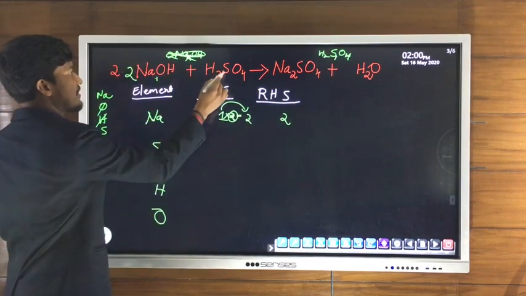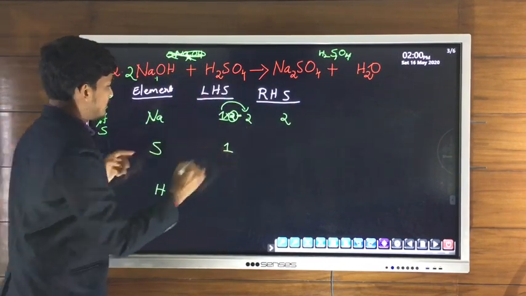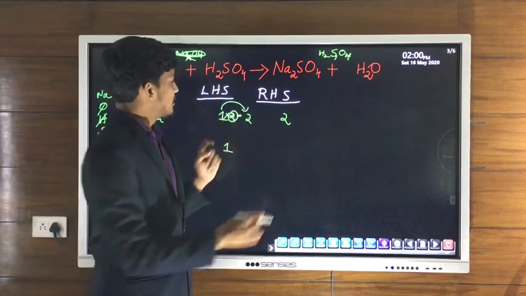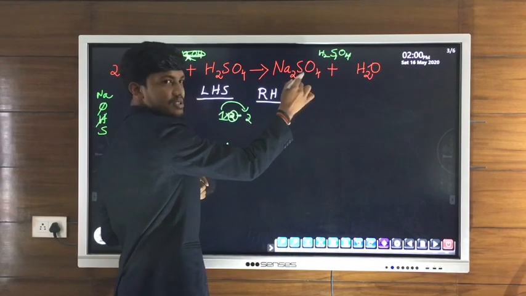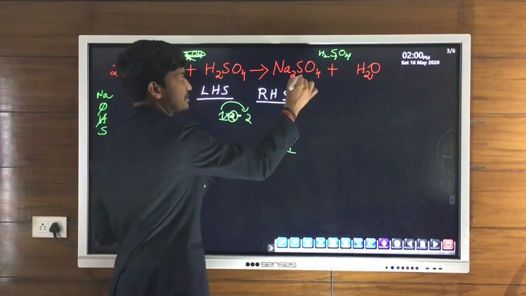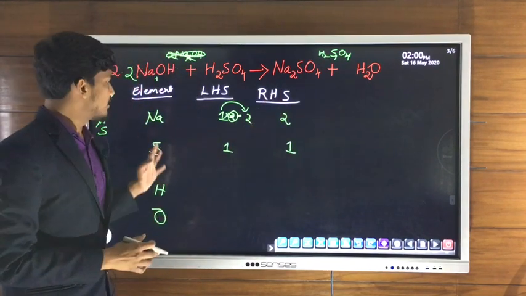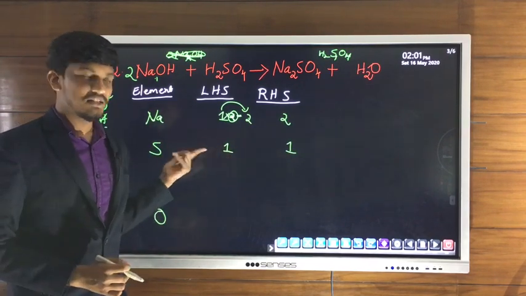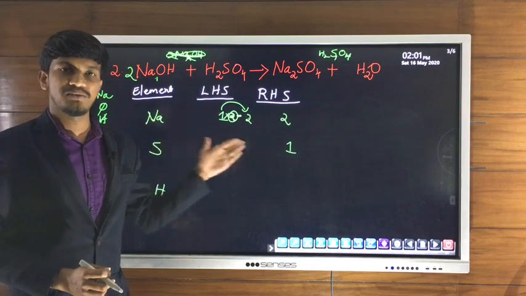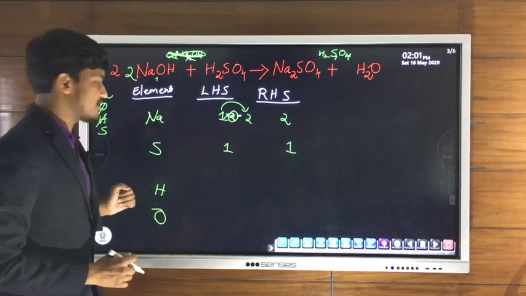And on the right side, where is S, in the first product Na2SO4. The number of sulfur atoms on the right side is 1. Now we can see an equal number of sulfur atoms on both sides. That means sulfur is already balanced, so we don't want to make any changes.